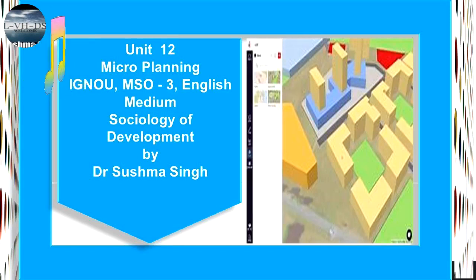It attempts to distribute the fruits of development among regions and social groups within the region, which can minimize the socio-economic imbalances and improve the living conditions of the masses.